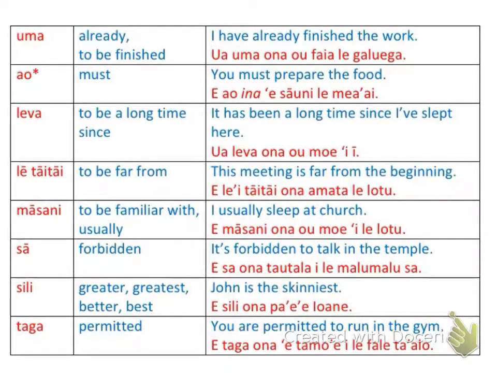Okay, so like I said, I'm not a very big fan of memorizing, but these are the stative verbs that you have to memorize, and these are all auxiliary verbs that you need to follow the stative rule that we were talking about. So I encourage you to pause the video and to memorize these, and then also to look at the very right column of this table that has both the English and Samoan translations of an example.